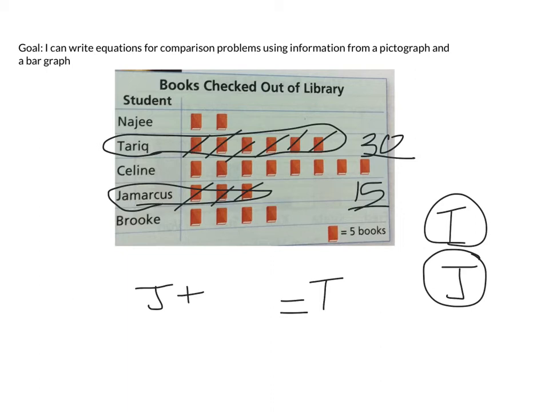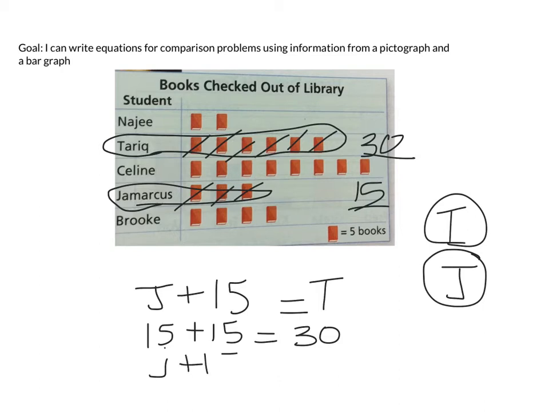So Jamarcus would be J plus 15 is equal to how many books Tyreek checked out. So in other words, 15, which is how many Jamarcus checked out, plus 15 is equal to how many books Tyreek checked out, which was 30. So the equation would be J plus 15 is equal to T.